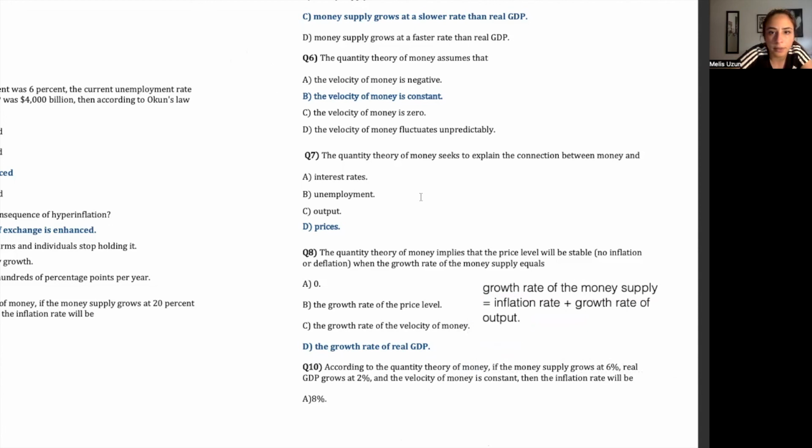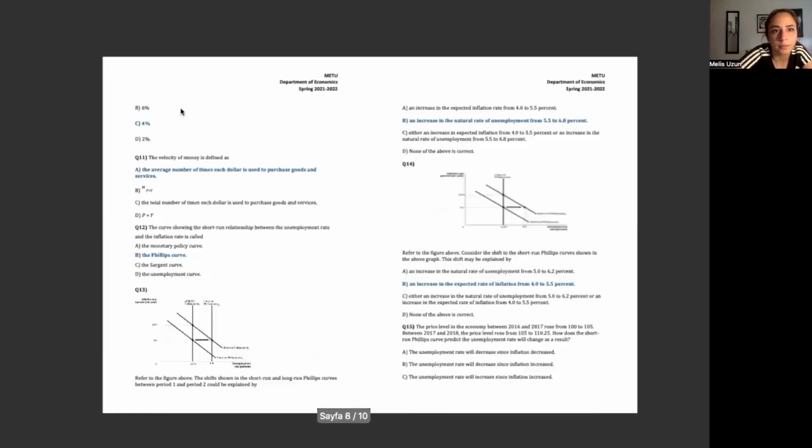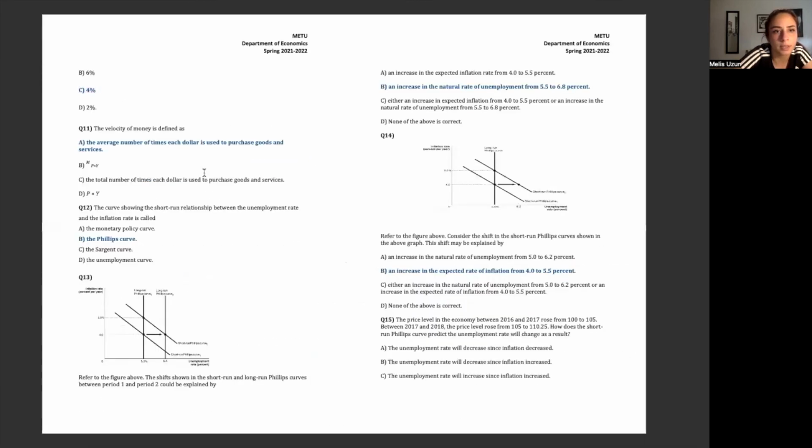If the money supply grows at 6%, which is equal to inflation rate plus real GDP growth of 2%, then the inflation rate is equal to 4%. So 4% is the correct answer.